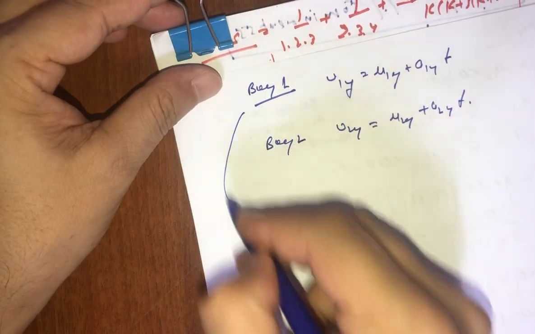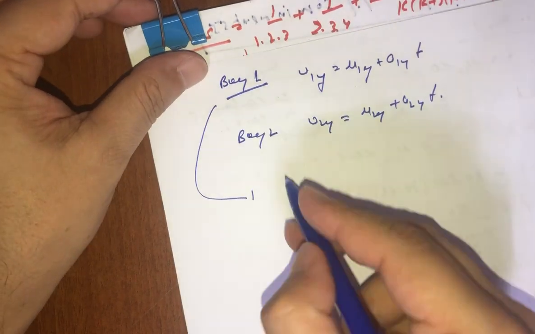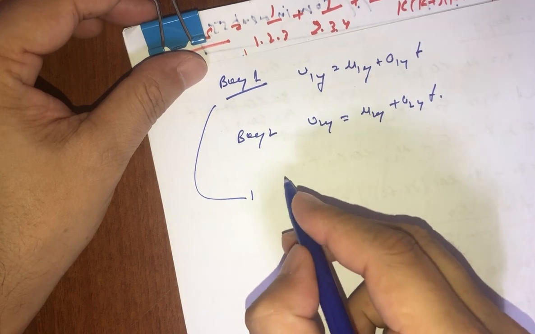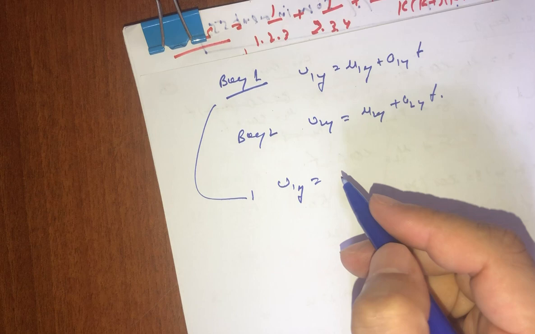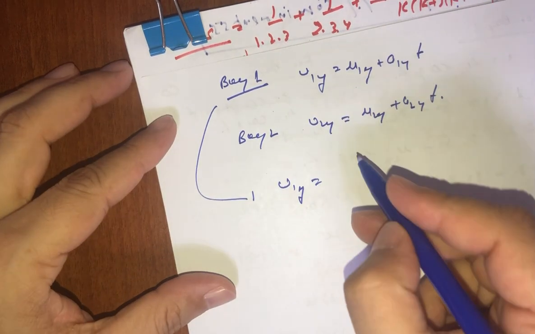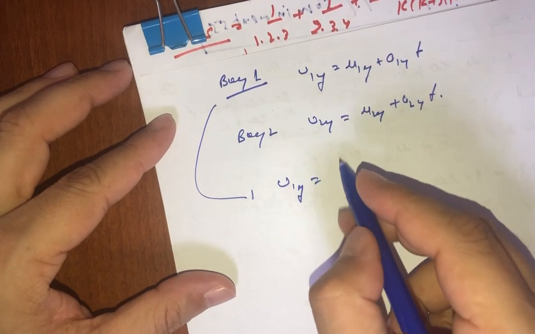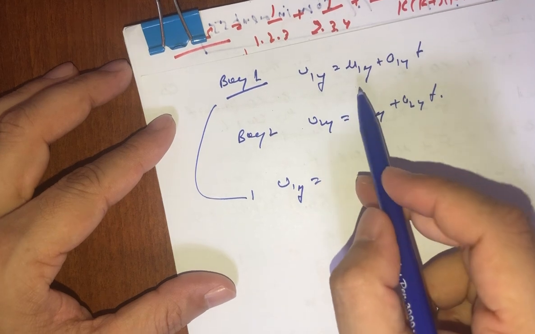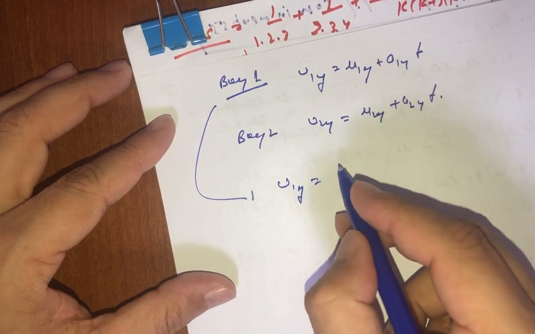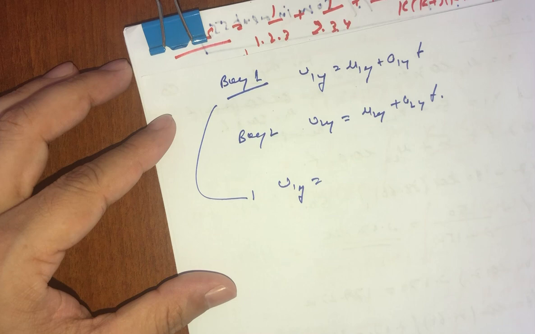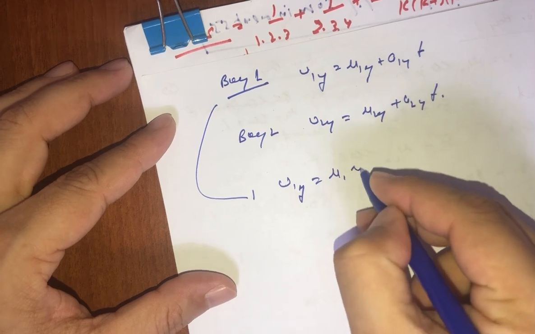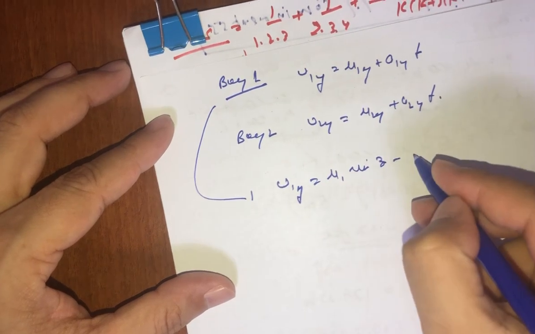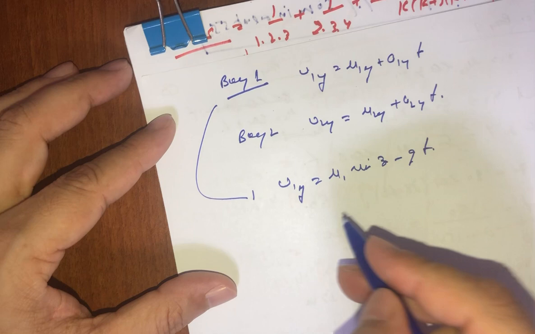So let us first of all solve for v1y. So v1y is equal to u1y, which was u1 sine 30 minus g into time t.